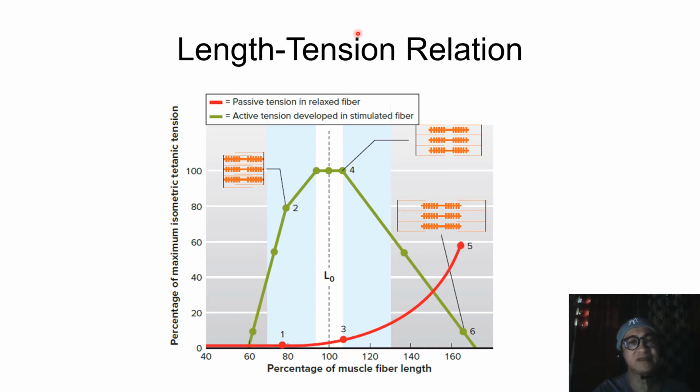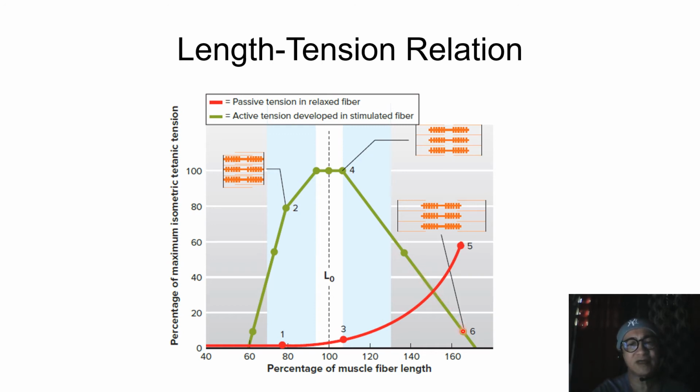As the length is increased from this point, the active isometric tension at each length is increased up to a maximum at optimum length. Optimum length is the length at which the fiber develops the greatest isometric active tension. Further increasing the length, or lengthening the muscle, leads to a decrease in active tension.